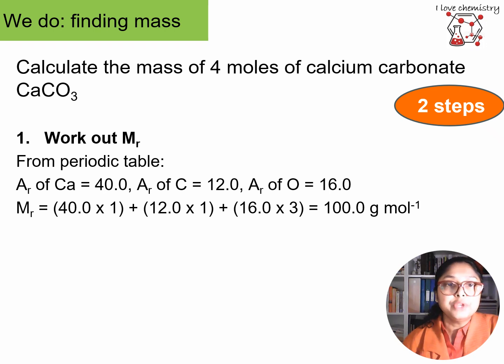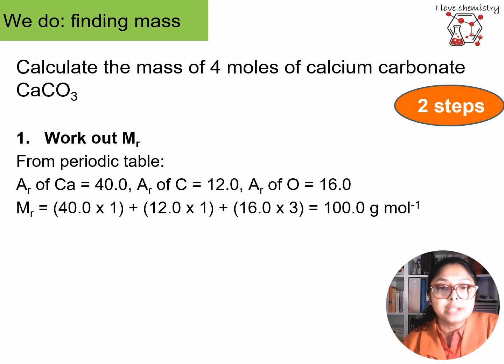Now we'll be moving on to the second type of problem, finding mass. Calculate the mass of 4 moles of calcium carbonate. Chemical formula CaCO3. Step 1, working out Mr from the periodic table. We can find Ar of calcium is 40, carbon 12, and oxygen 16.